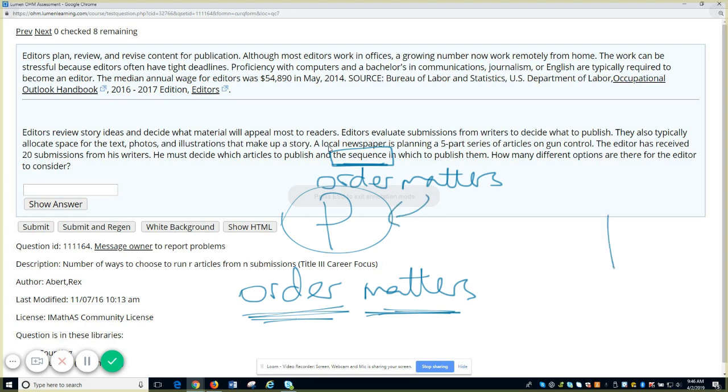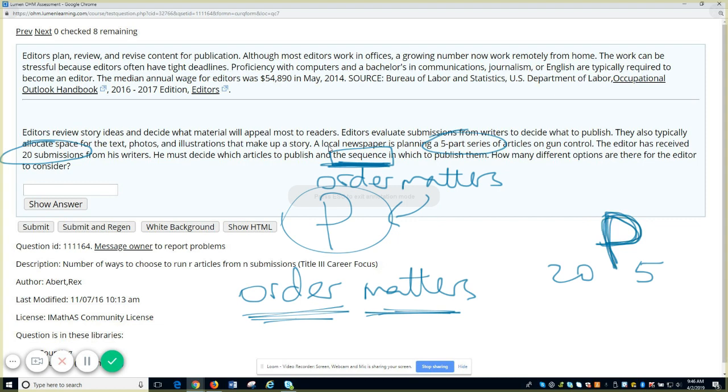And then to solve the permutation problem, you have to know the total number of items that the editor is picking from, which is 20, because there's 20 submissions. And it's a 5-part series. That means he's picking 5 articles out of 20. And because he's concerned about sequencing these 5 articles, we're choosing the permutation count as opposed to the combination.